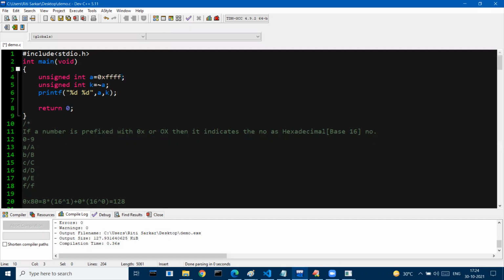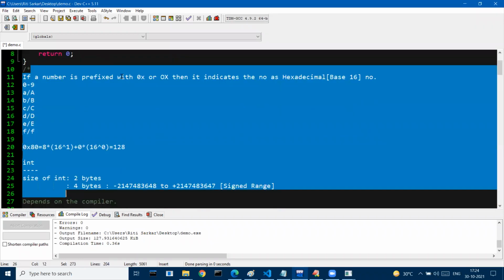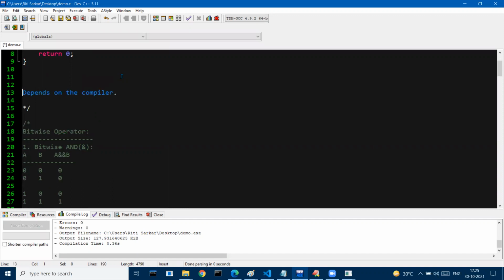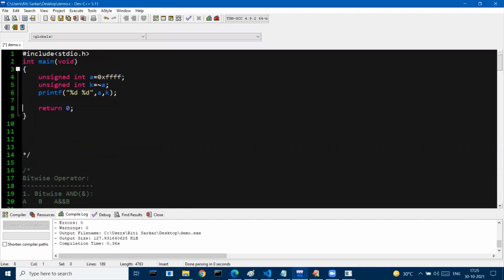What does 0xFF mean? Among this, F indicates what?